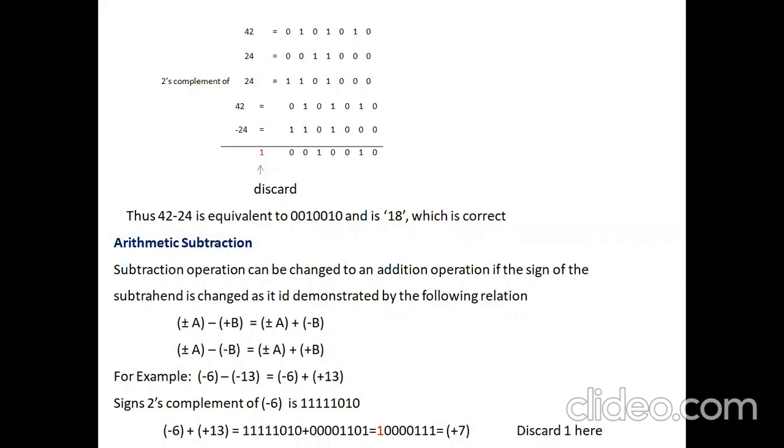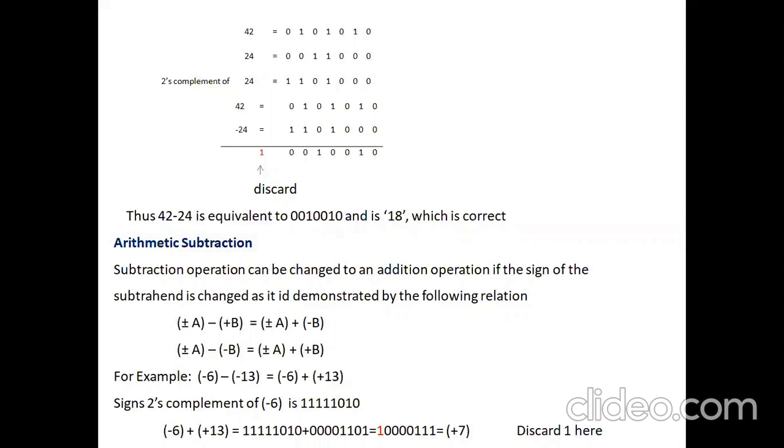After that you have to complement it. It becomes 4 ones, then 1, 0, 0, 1. Again, if you add 1 to the rightmost bit, it becomes all ones, 0, 1, 0. This is what we have.